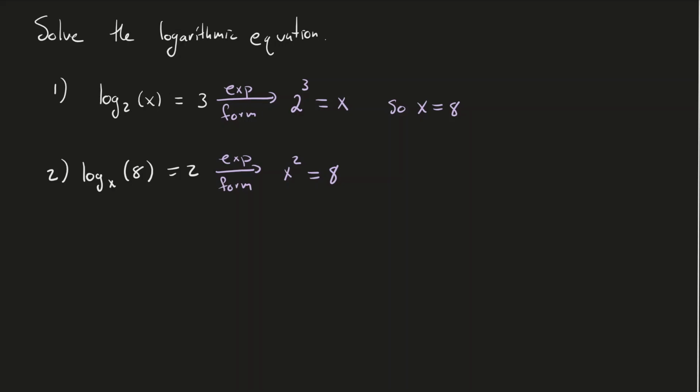So in this case then, x is equal to plus or minus the square root of 8. But importantly, this is a base, so x is greater than 0, which restricts us down to x is equal to the square root of 8, which can be simplified down to 2 root 2, if you would like to.